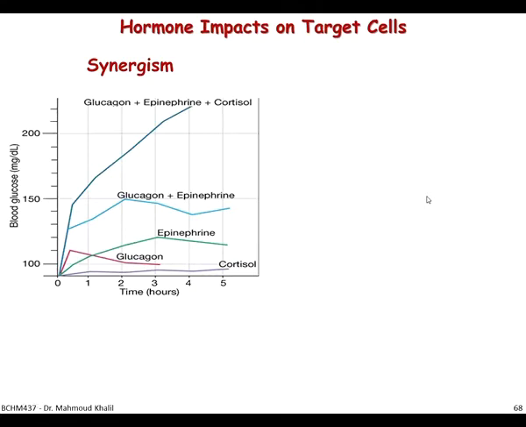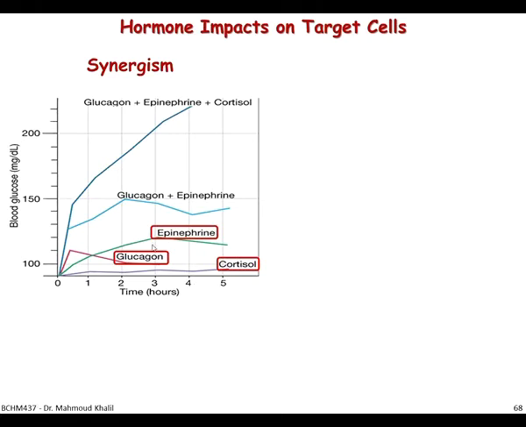So let's see an example of the impacts on target cells. As you can see here, the line chart shows the increase in time in hours versus the blood glucose level. These three hormones, when each acts separately: the glucagon will decrease the amount of sugar in blood. Cortisol generally has no effect, it's a stable level on the blood glucose level. The epinephrine increases the blood glucose level.